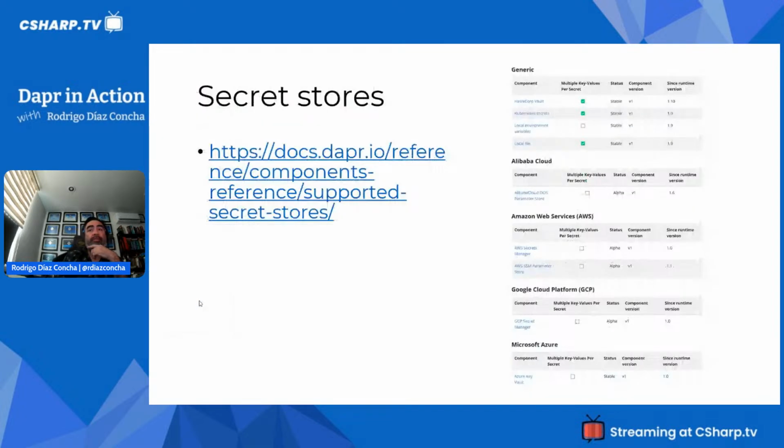So you can use different secret stores. I'm just showing you today the local environment variables one, since it's available now, and it's fantastic. Remember that at the time of this recording, the latest version of Dapr is 1.14.